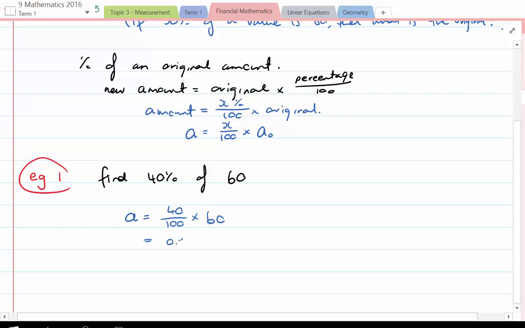So we've got 0.4 times 60, and that ends up being 24. Okay, so that means 24 is 40% of 60. Okay, so that's nice and easy.